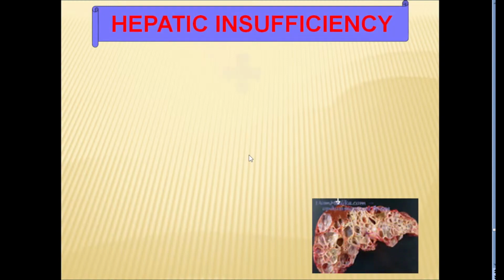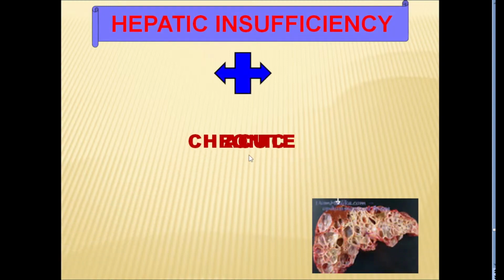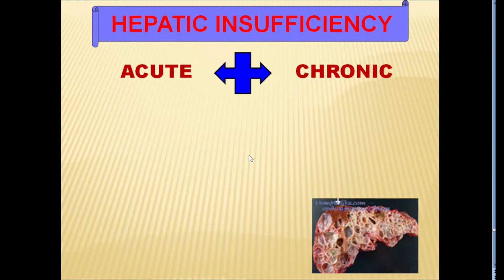And the last syndrome on which we'll stop today is hepatic insufficiency, which may be both acute or chronic, which is revealed from anamnesis. Anamnesis morbi: first of all, you will obligatory ask the patient how long he has been sick.